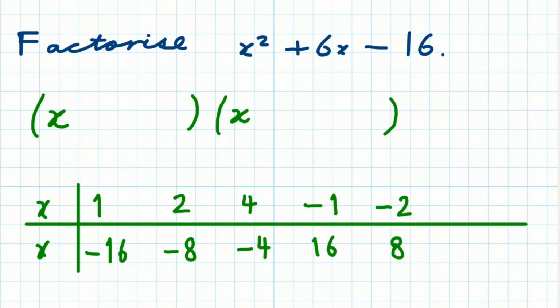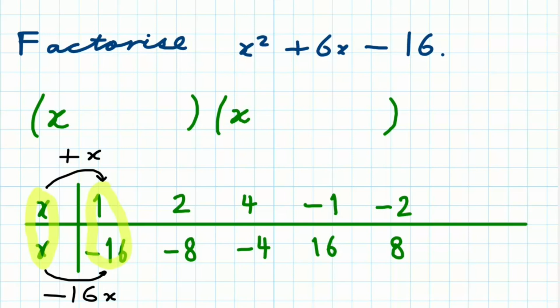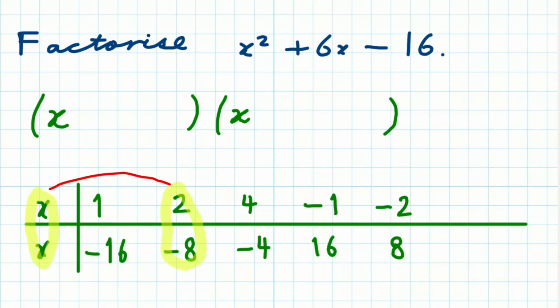So on the left side, we have to have x and x, and we have 5 possibilities on the right side. If we try the 1 and minus 16, x times 1 is plus x, x times minus 16 is minus 16x. Add those together, you get minus 15x. That doesn't work. We need plus 6x. Next one, x times 2 is plus 2x, x times minus 8 is minus 8x.